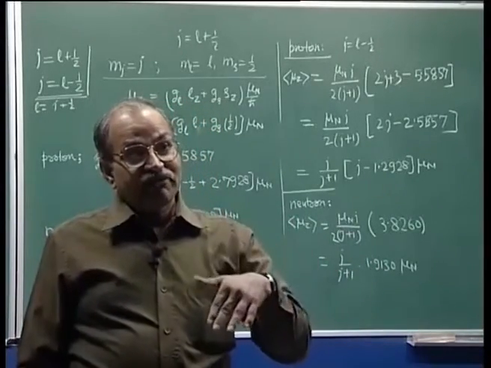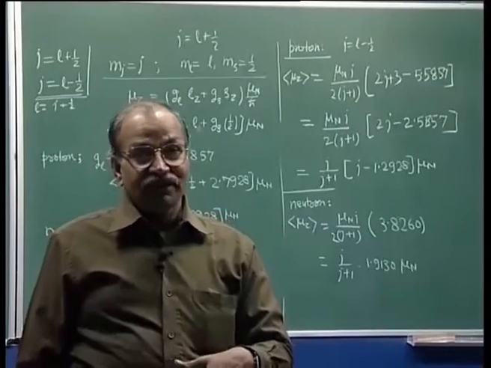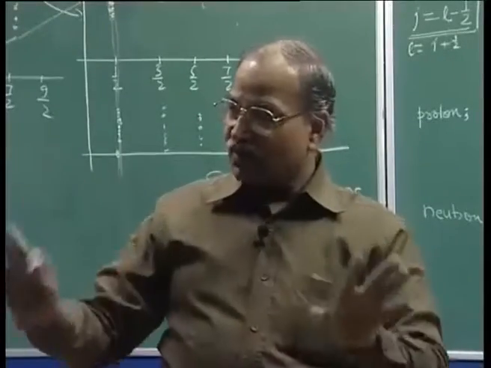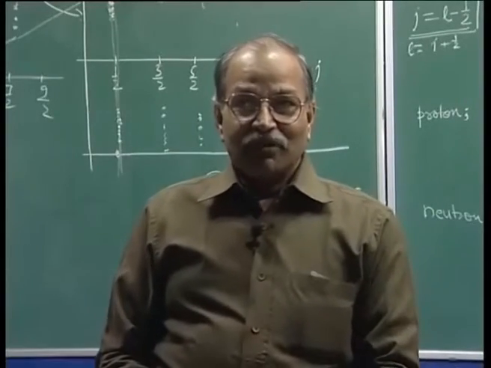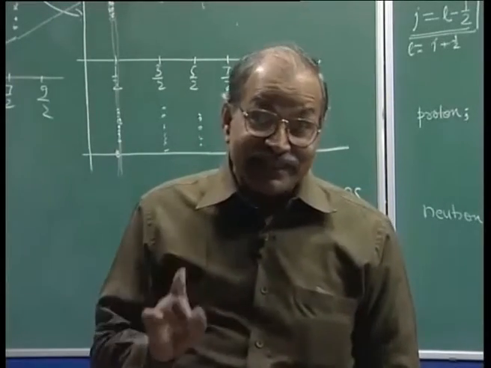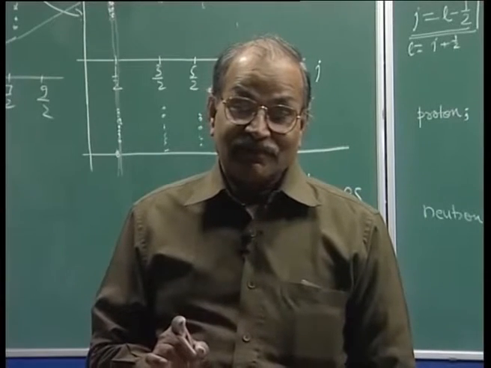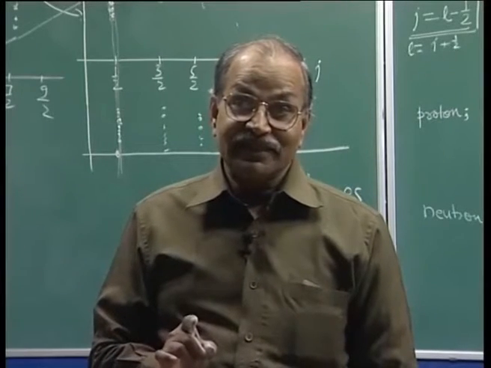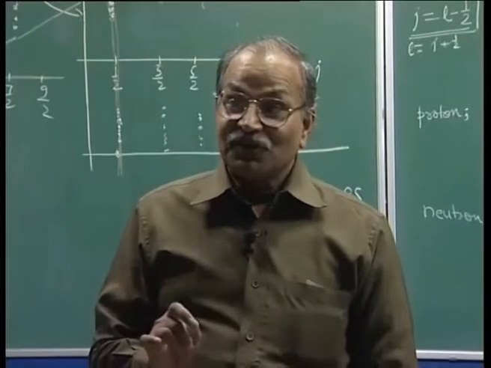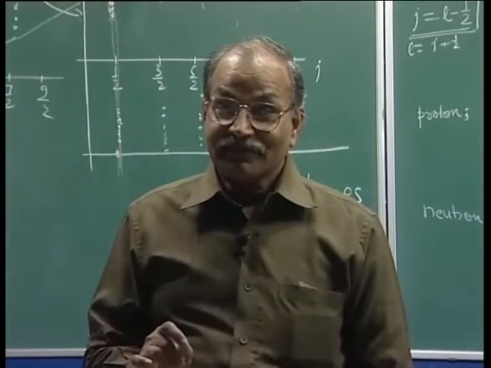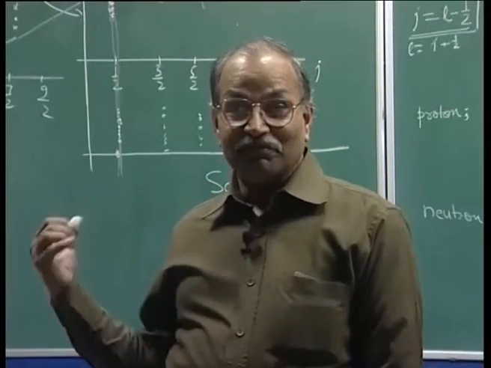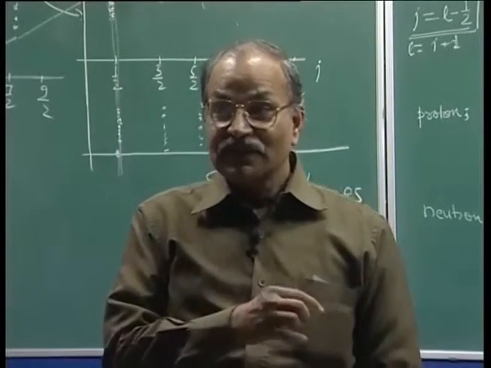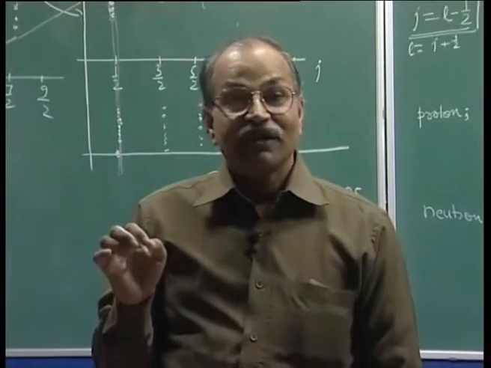Another thing which can contribute: all right, the extreme single particle model is okay, but then the value of Gs for a neutron or for a proton when it is part of a nucleus could be different from the values that we have used for a free proton or a free neutron.